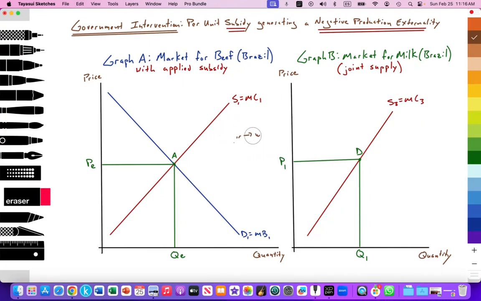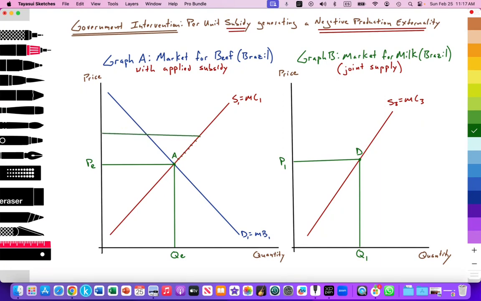Okay, and so we're going to assume that the Brazilian government comes in and they're going to provide a subsidy for each additional unit of beef that's being produced in the cattle industry. And so that's going to encourage farmers to increase the quantity of their supply along their supply curve. All right, and because of that, they're getting a higher price to cover their marginal costs that are increasing.